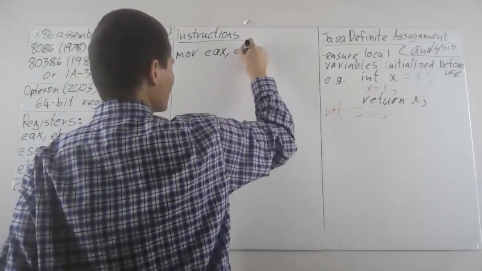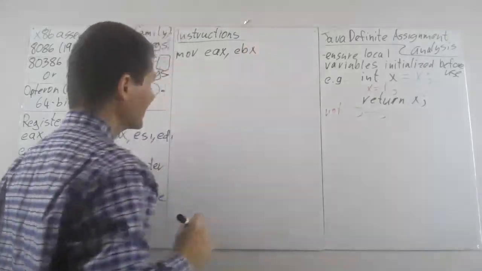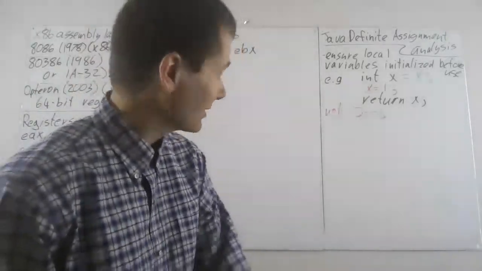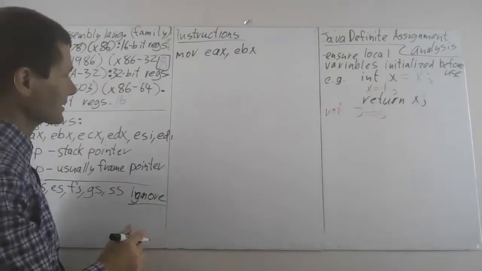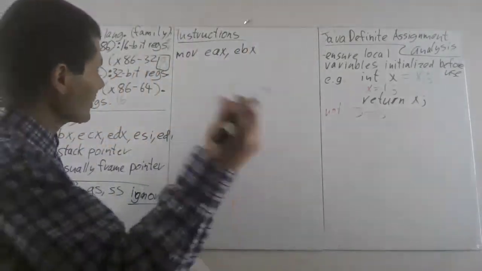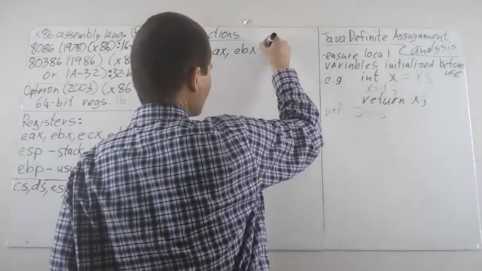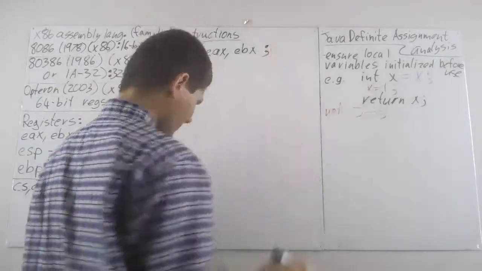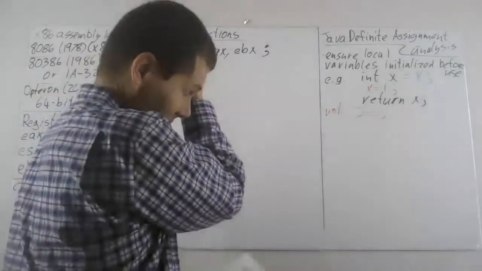You can move between two registers. So I can say mov EAX, EBX, and what that will do is copy the value of EBX into EAX.